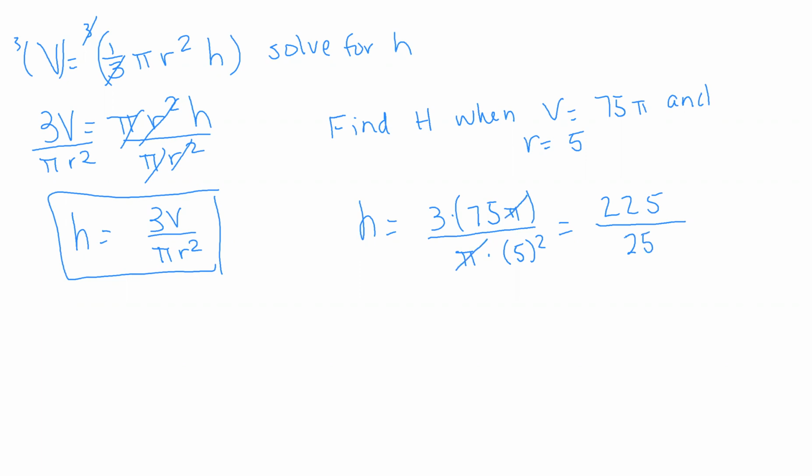Do you see how there's a pi in the numerator and a pi in the denominator? So the pi's cancel. And then 5 squared is just 25. And then finally, we want to simplify, and we would get that h equals 225 divided by 25, or 9. So the height of a cone, where the volume is 75 pi and the radius is 5, would be 9.